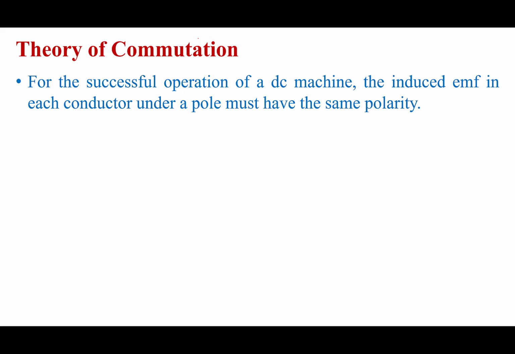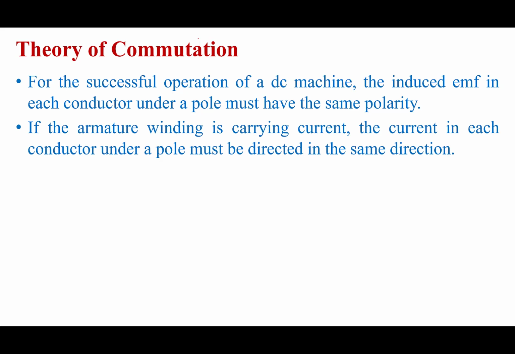So for the successful operation of a DC machine, the induced EMF in each of the conductors under a pole must have the same polarity, right? And the current in each conductor under a pole must be directed in the same direction. As I told, it will be unidirectional till the conductor is placed under one pole.